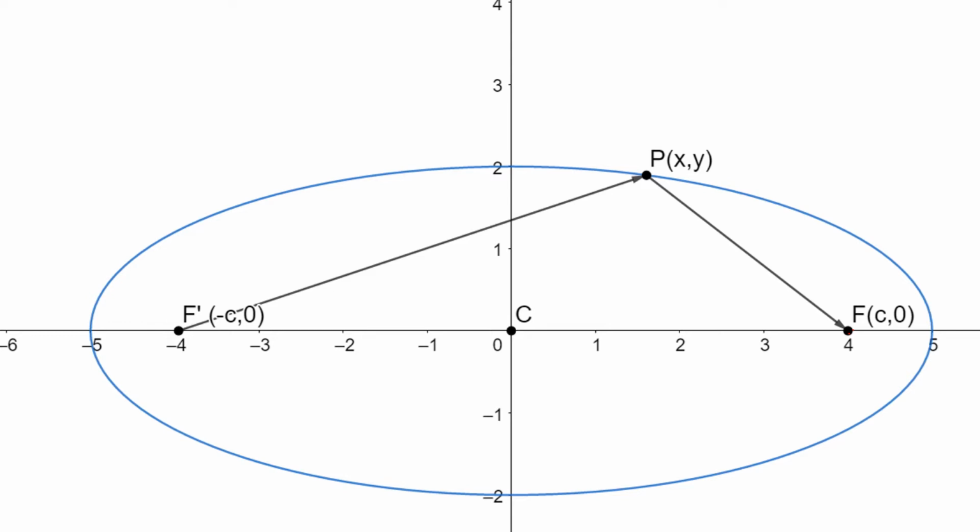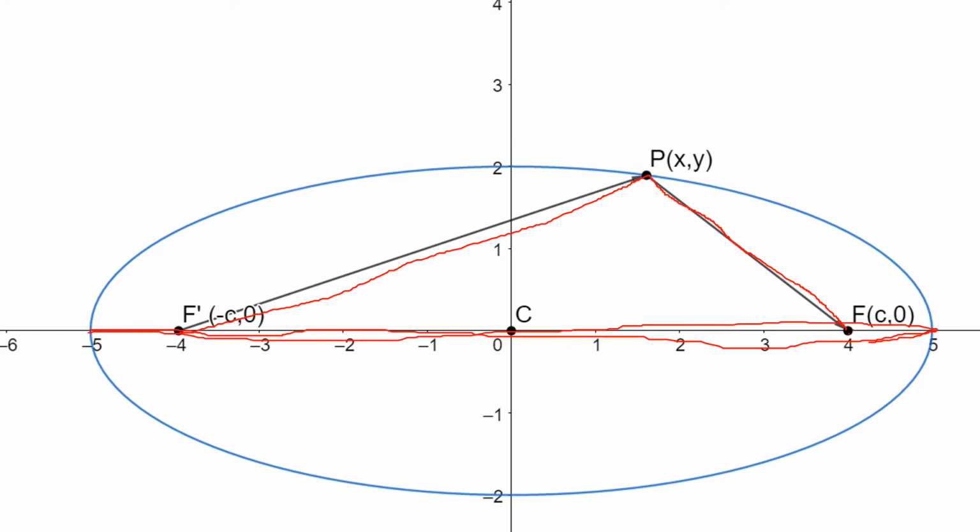So when you add these two segments, the sum of these two segments is equal to the length of our major axis. So from here, going to the other vertex. That is the definition of an ellipse.